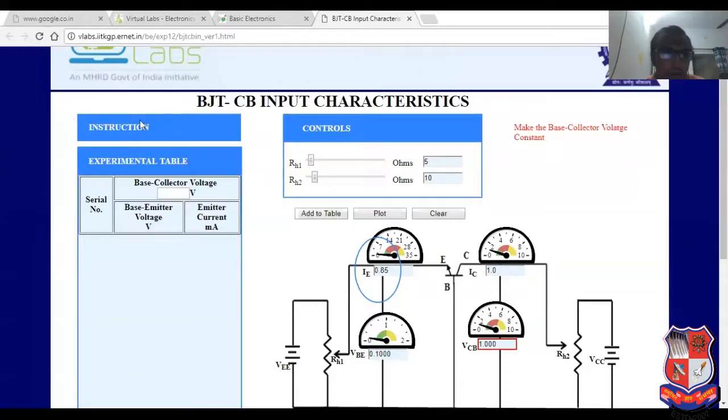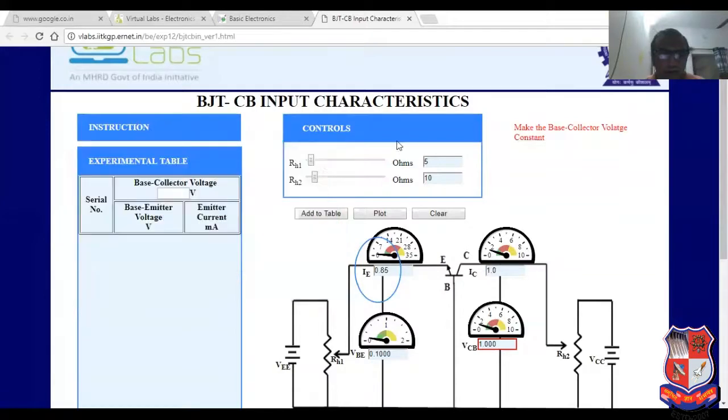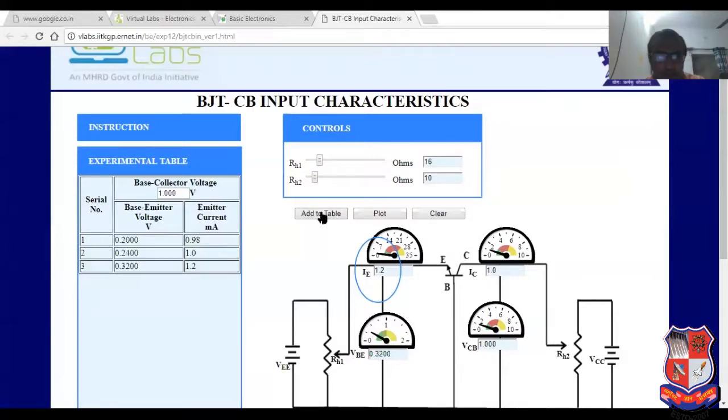Now see this, rheostat 1 is changed in the table. See how the current changes based on the applied voltage that I have mentioned here. See this reading very carefully.